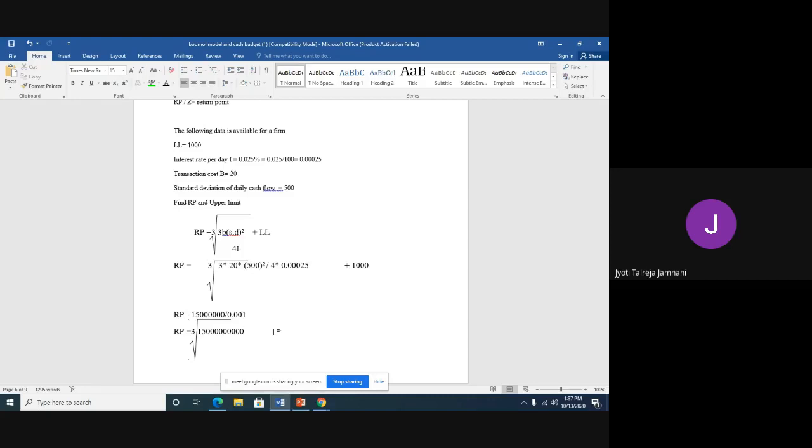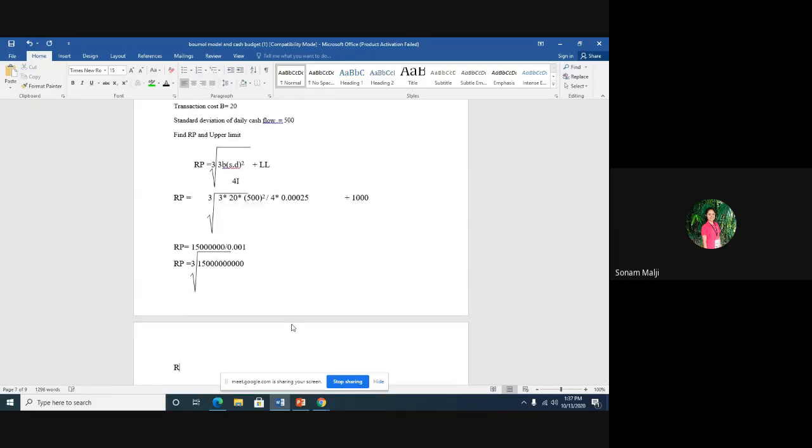Are you able to get the cube root sign on the scientific calculator? It's 2466.21. What we have to do now is add the lower limit. That was 1,000 rupees. If I add it, the return point would be 3,466.2.